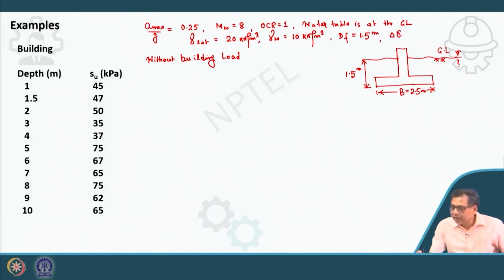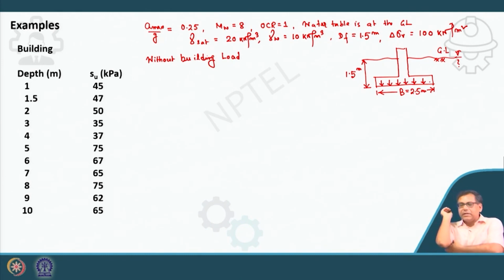Now del sigma V is equal to 100 kilonewton per meter square at this level, so Q net is equal to del sigma V, that is 100 kilonewton per meter square.